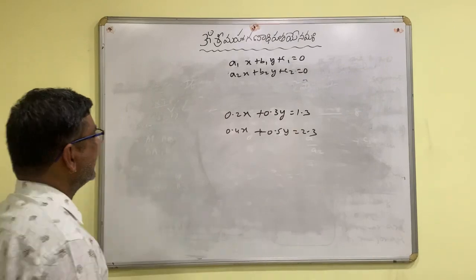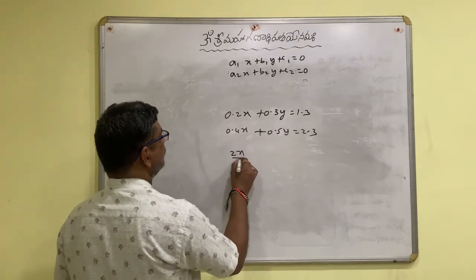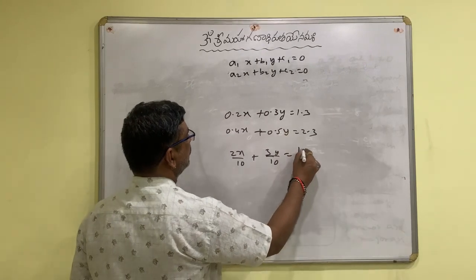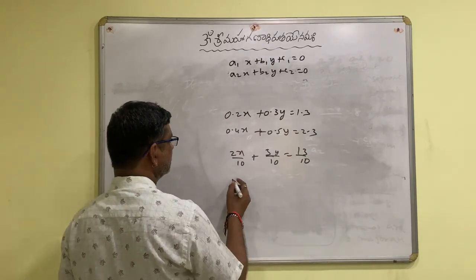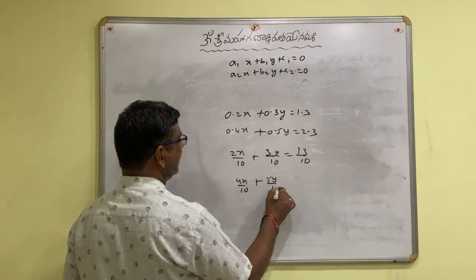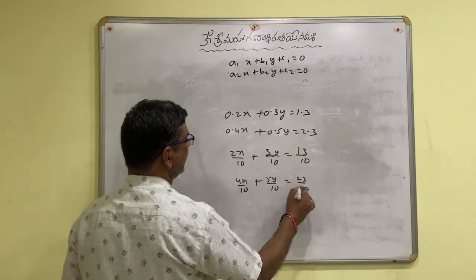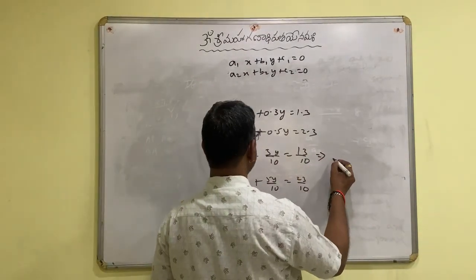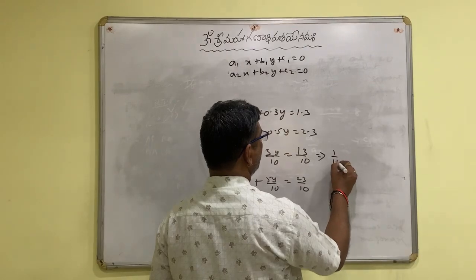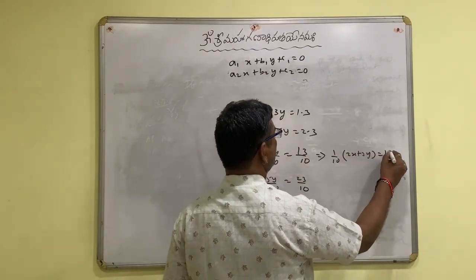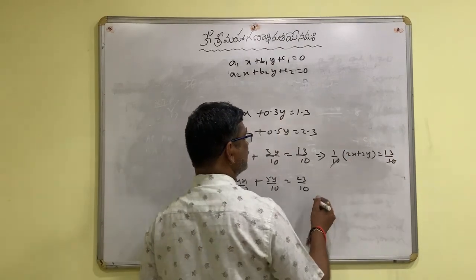You can write this one as 2x by 10 plus 3y by 10 is equal to 13 by 10, 4x by 10 plus 5y by 10 is equal to 23 by 10. If I take 1 by 10 common, 2x plus 3y is equal to 13 by 10, the 10 gets cancelled.